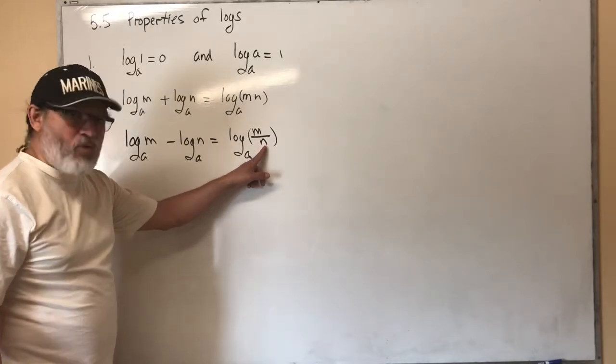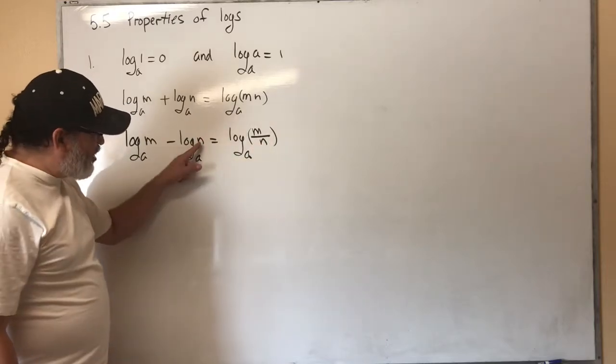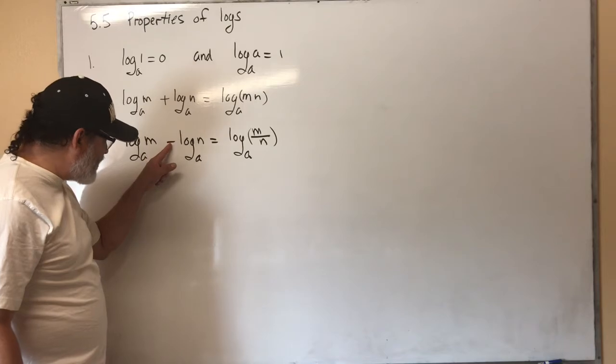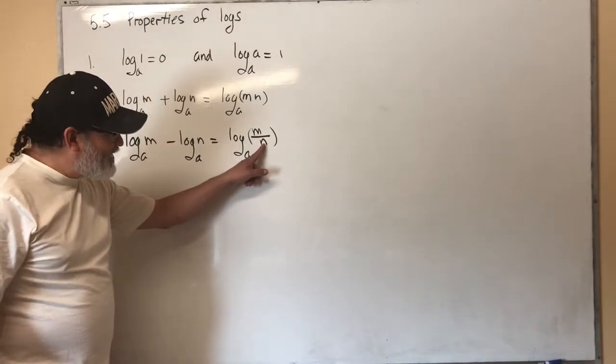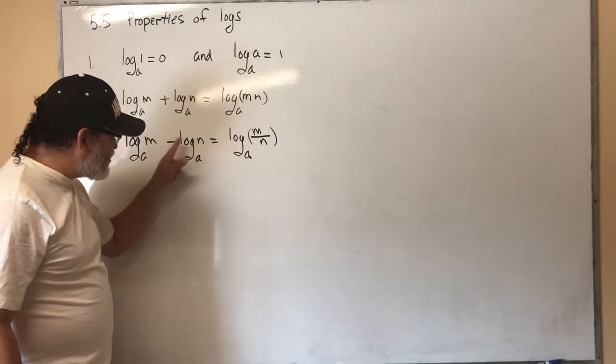So this is the quotient rule. Once again, the argument of the log being subtracted is in the denominator. This N is the argument of the log being subtracted.